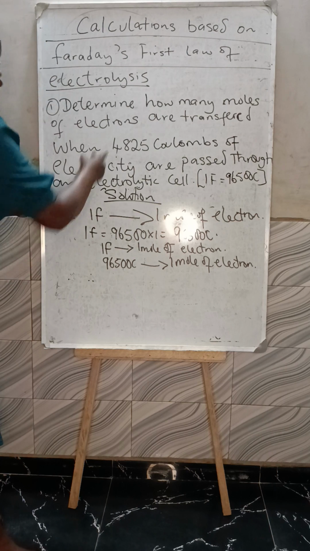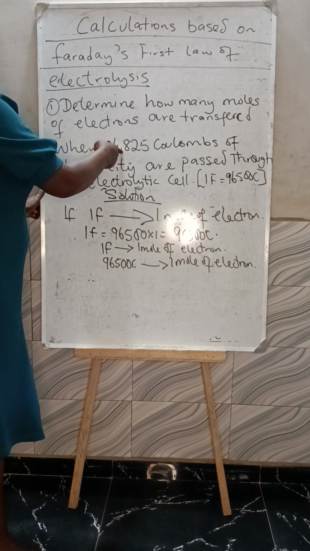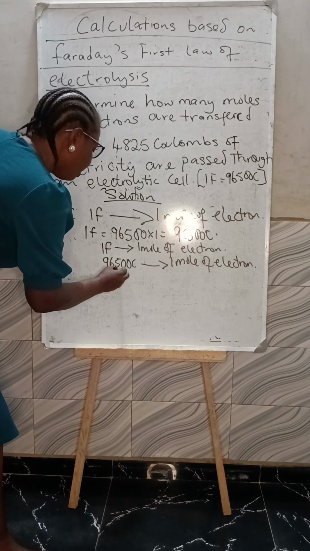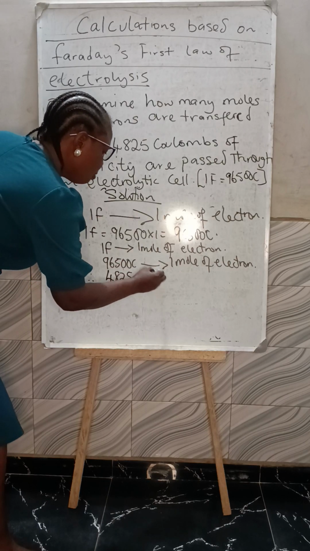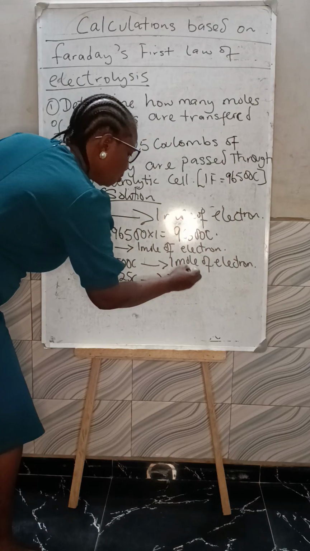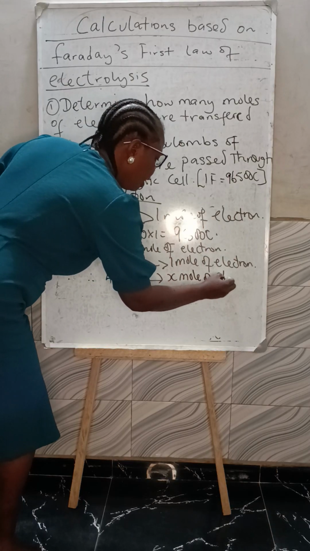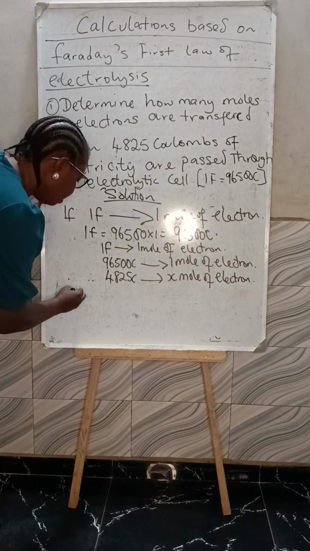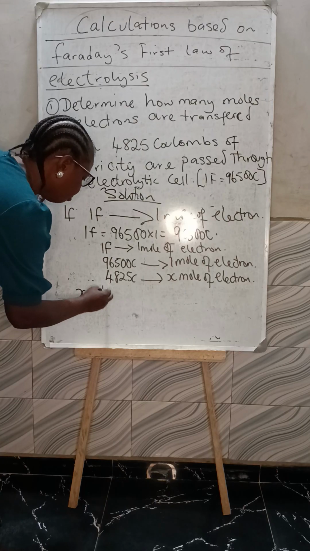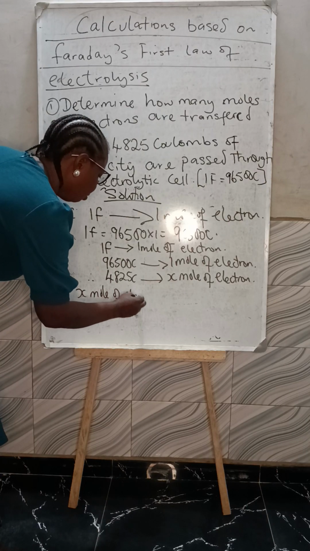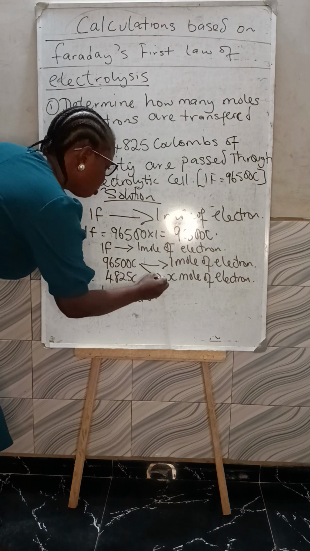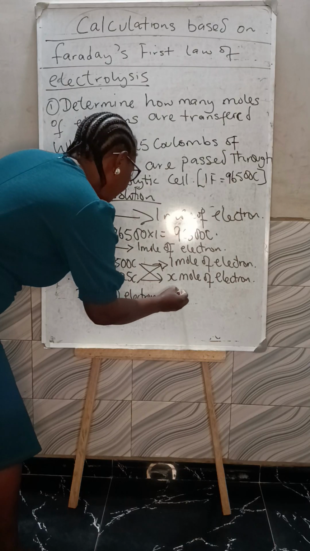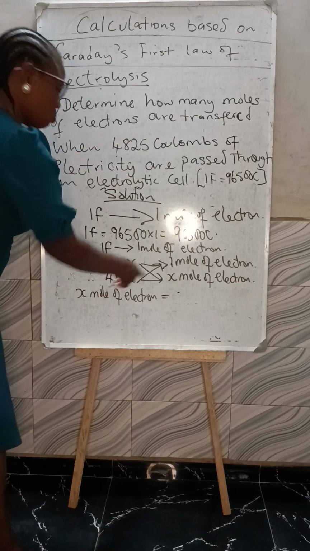Therefore, how many coulombs are we given? We are given 4825 coulombs. Therefore, 4825 coulomb will liberate X mole of electron. So when you cross multiply and make it a formula, take this to this, multiply this across.